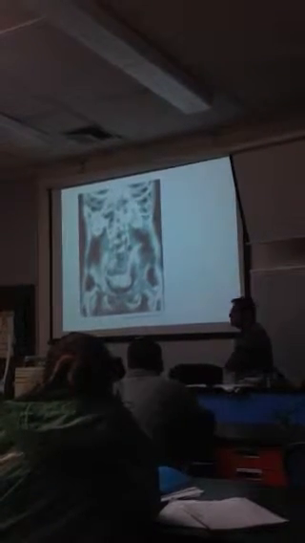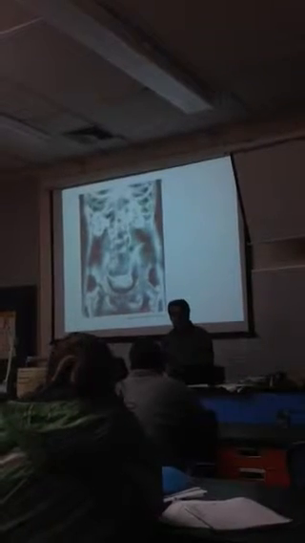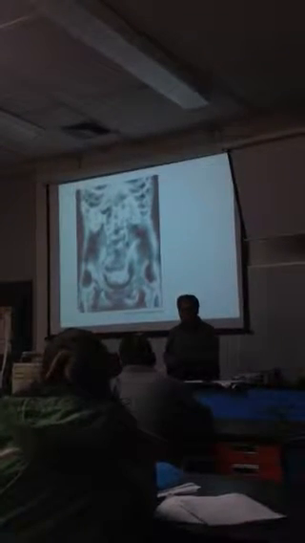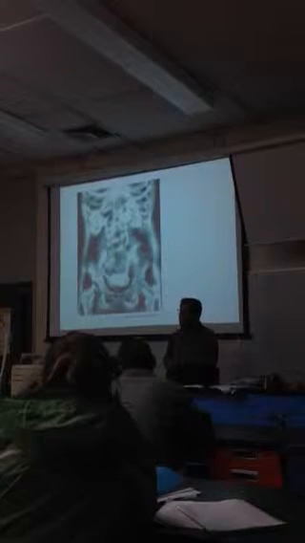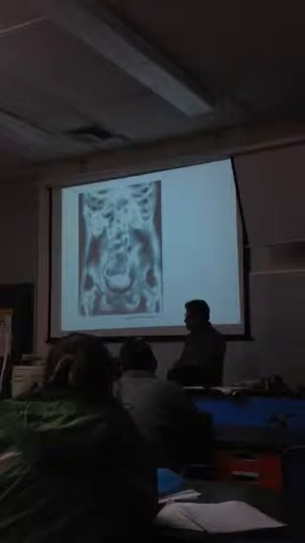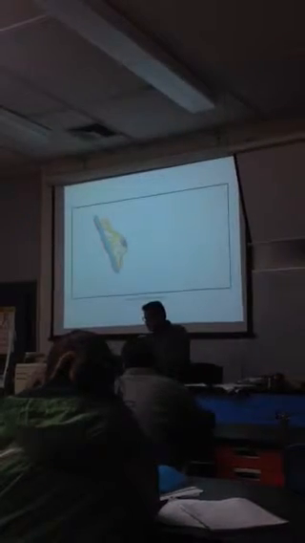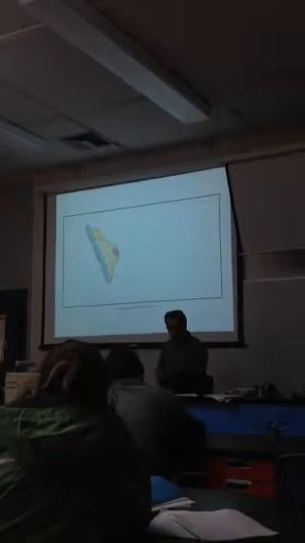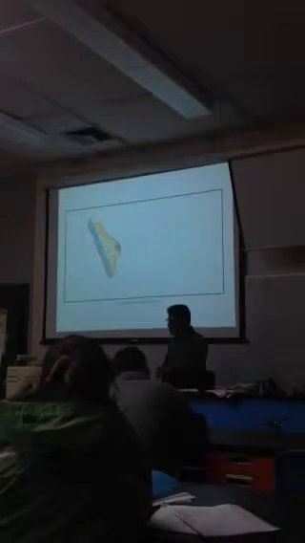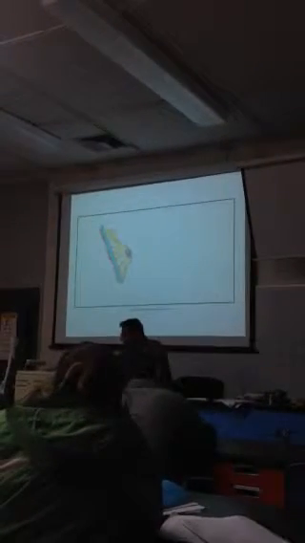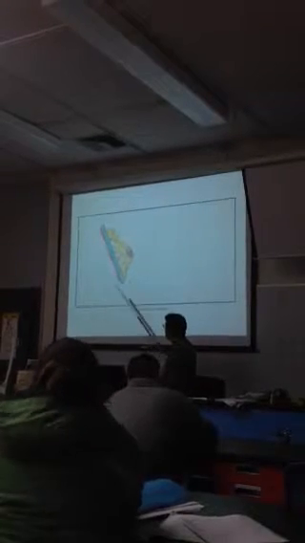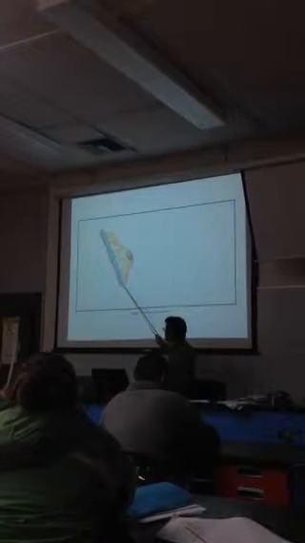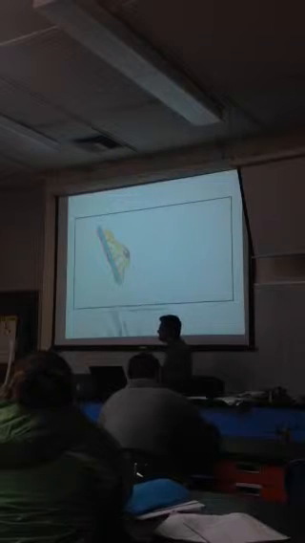When you do intravenous pyelography, to see any kidney stone. And what is this? No, this is your filtration membrane. Filtration membrane, which is made up of capillary endothelium, the basement membrane, and podocytes.